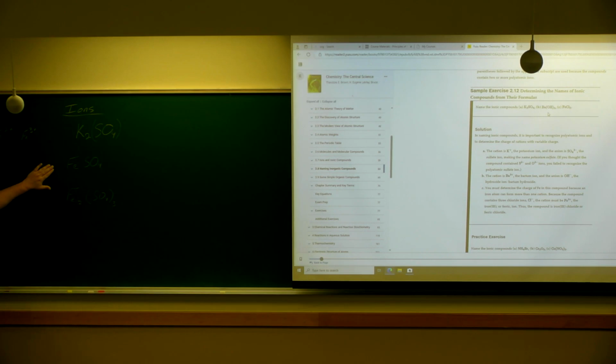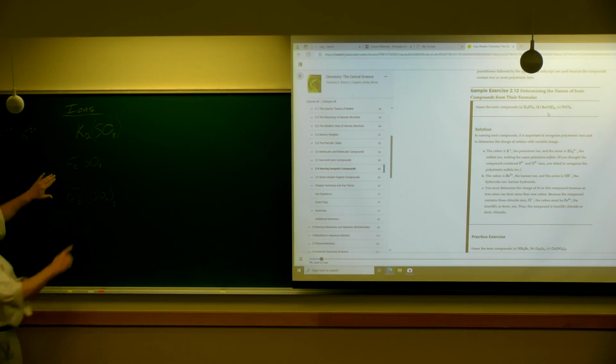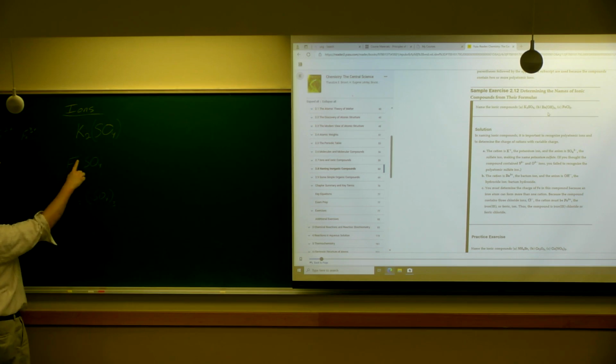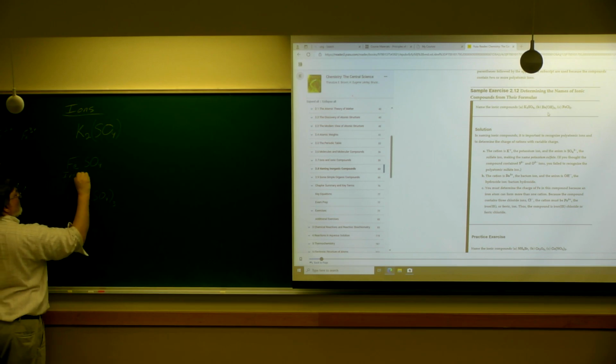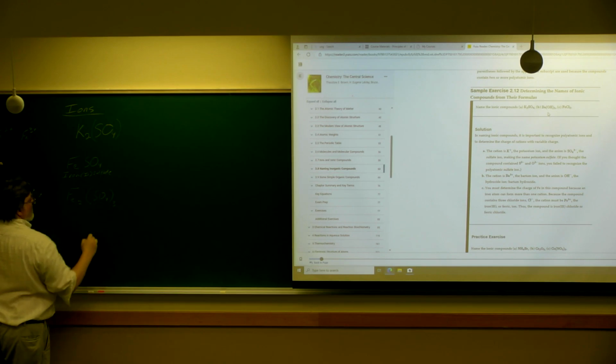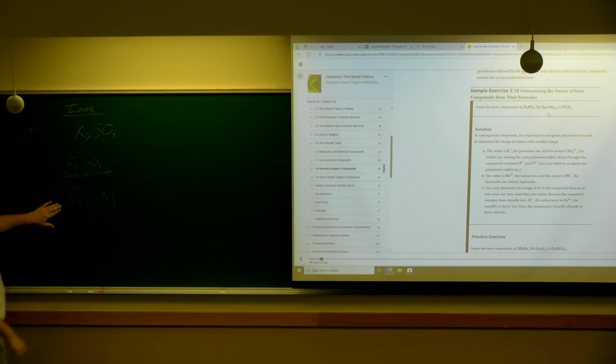Iron sulfate. Iron 2 sulfate? Did you say the number? I didn't hear you. You said it first. Iron sulfate, you're getting close. But if this is 2 plus, then this has to be, or no, 2 minus, then this has to be 2 plus, which means this. So this is iron 2 sulfate. And this one, if you saw this formula, the only thing you could name this is iron 3 sulfate.